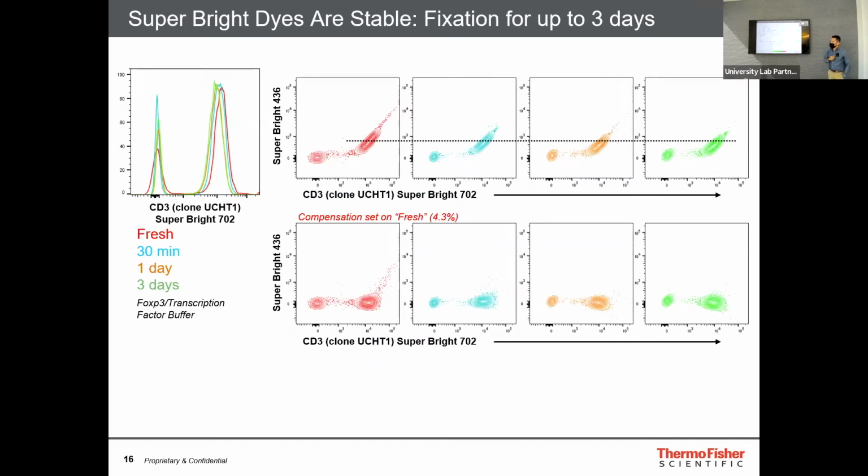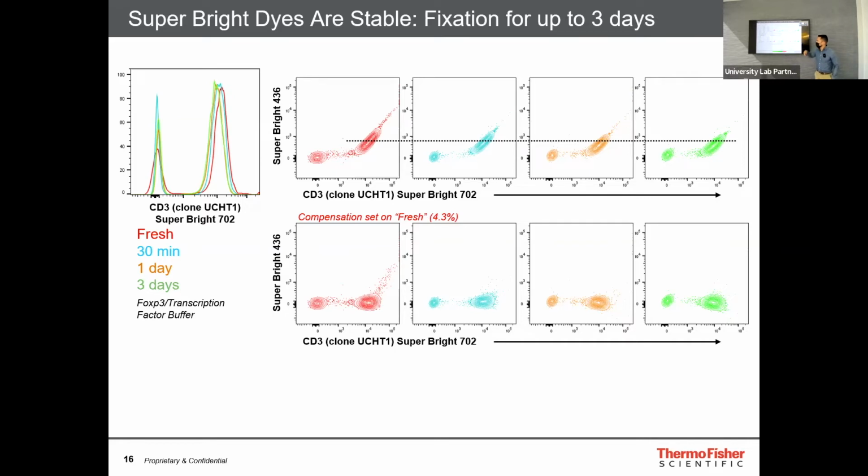Okay, so this slide's here to kind of validate our Super Bright dyes. They are tandem dyes, as I mentioned. And so oftentimes there's a fear of tandem dyes becoming unstable after fixation or losing some of their brightness. And so in red, we have fresh cells, so unfixed, just stained and then run on the cytometer.